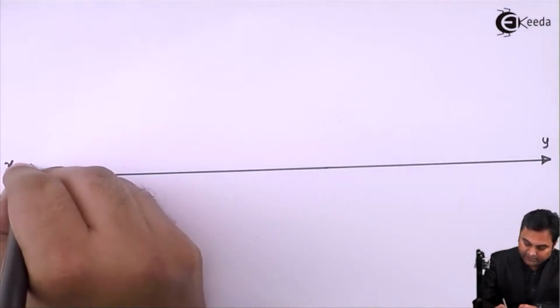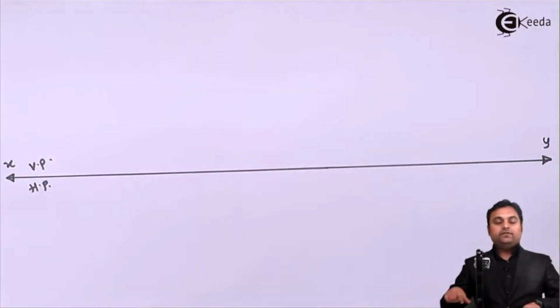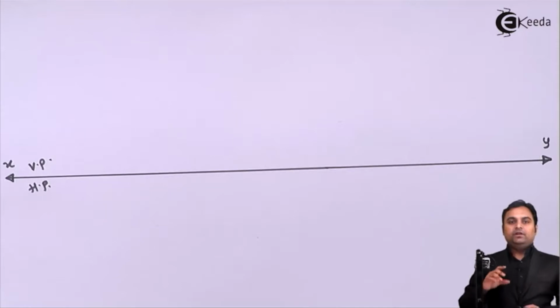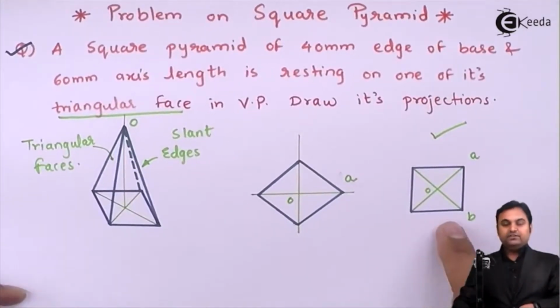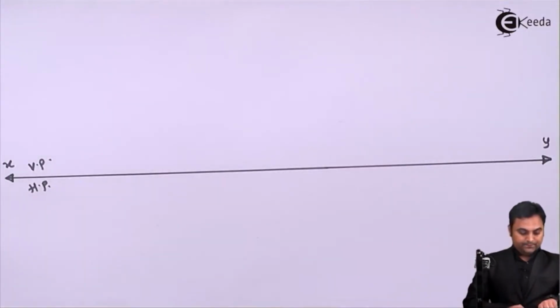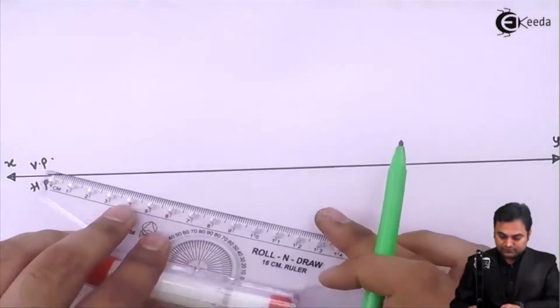So we have an XY line here, VP vertical plane and HP horizontal plane. Since the pyramid is resting in VP, in the front view the square will be visible, and we are going to draw the second condition first. So here I will be drawing that square.